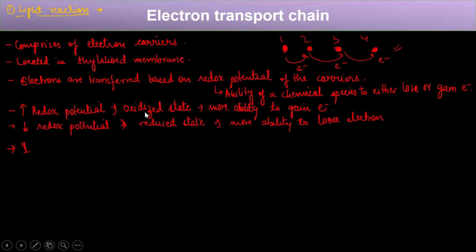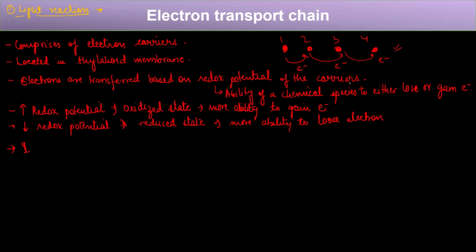Okay, so I was talking about the electron transport chain. It comprises electron carriers, and these carriers are located in the thylakoid membrane. Electrons are transferred based on the redox potential of the carriers.